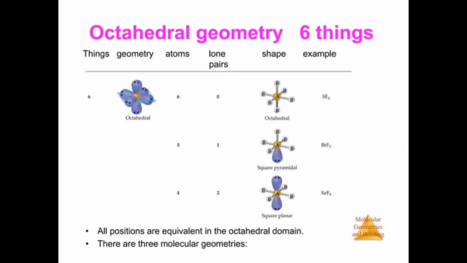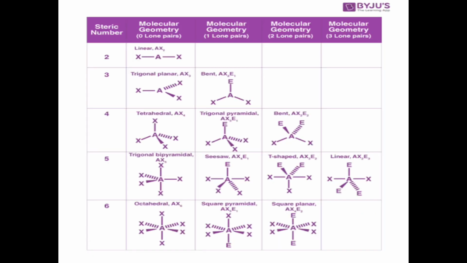Now for octahedral, when it has 6 atoms with 0 lone pair, you are going to have an octahedral shape. An example is SF6. But when you have 5 atoms with 1 lone pair, BrF5, you are going to have square pyramidal. And then when you have 4 atoms with 2 lone pairs, you are going to have square planar. An example is XeF4. So please, it is important that you understand these examples, the shape and the geometry respectively.